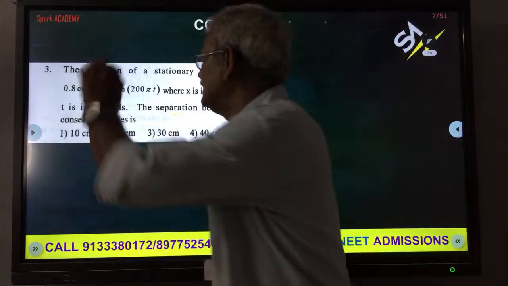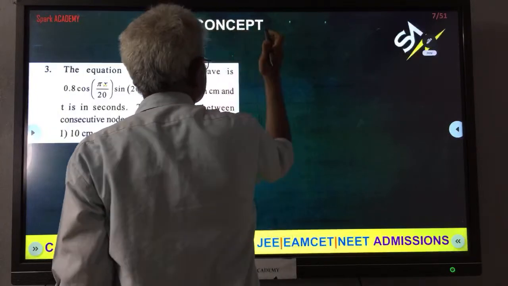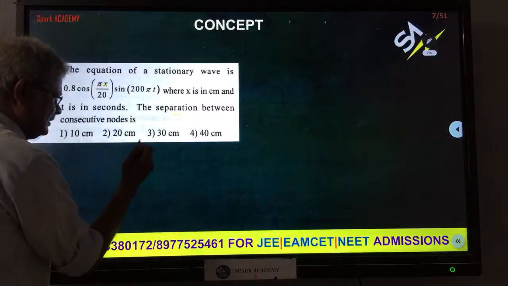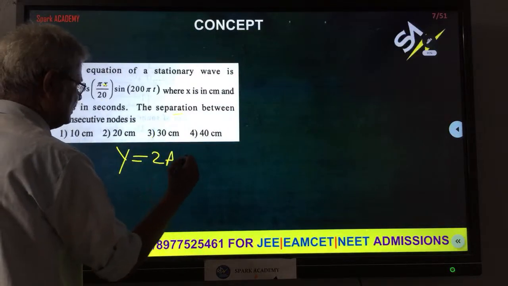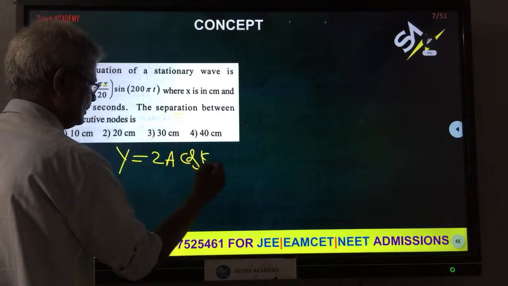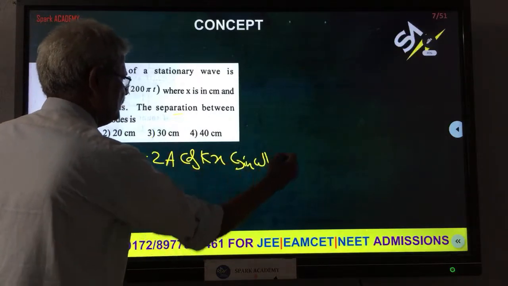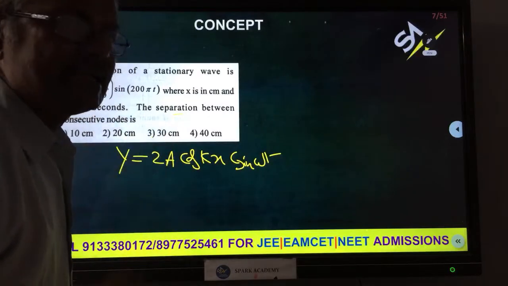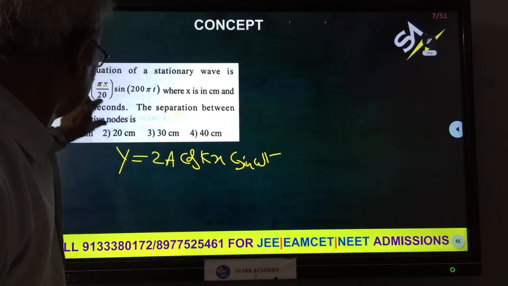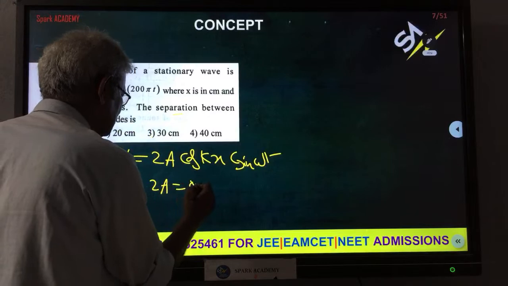So this is the equation of a stationary wave, wherein 2A is given as 0.8.